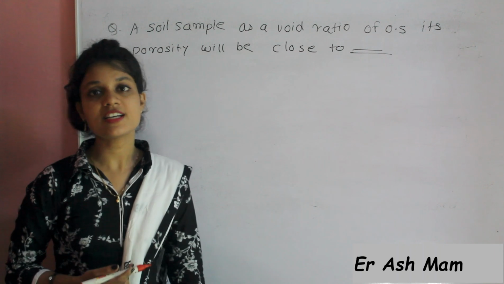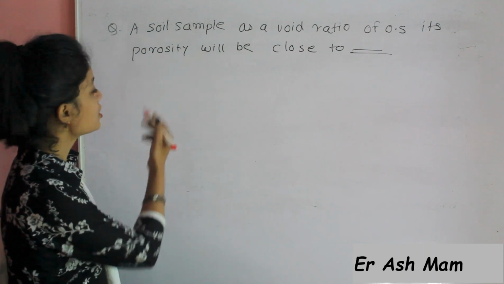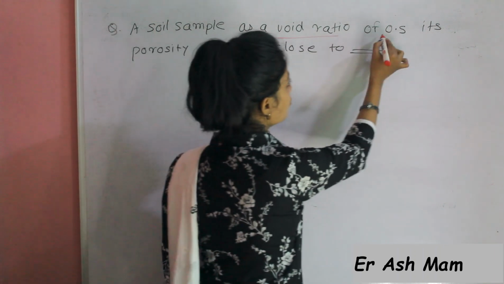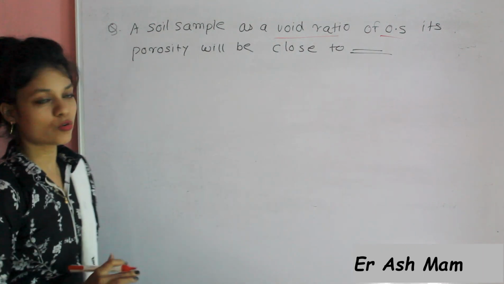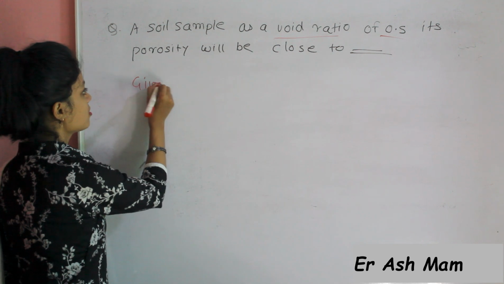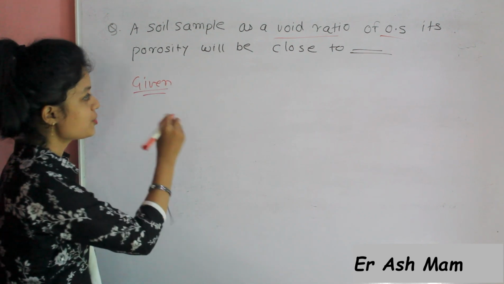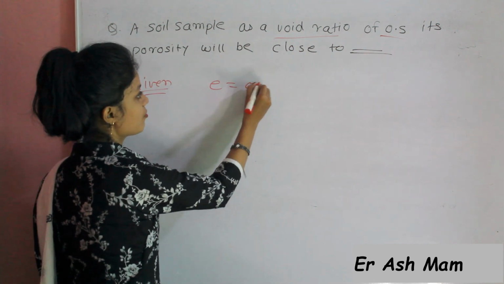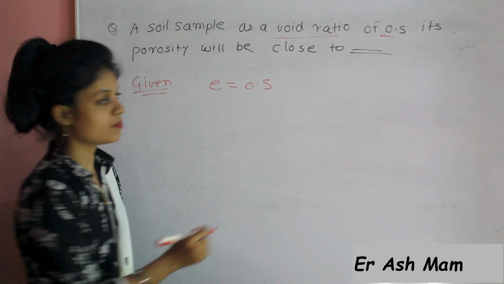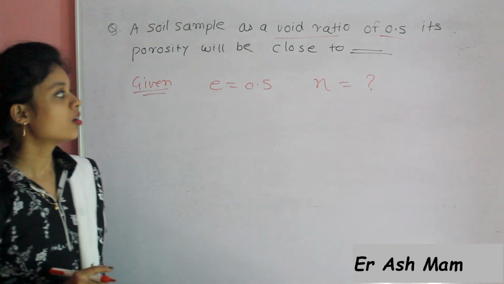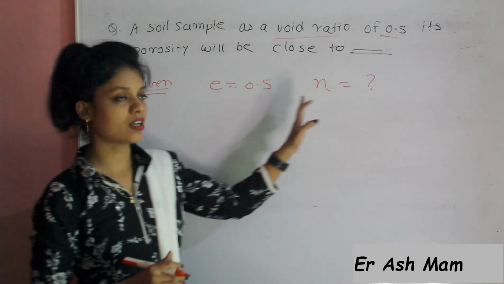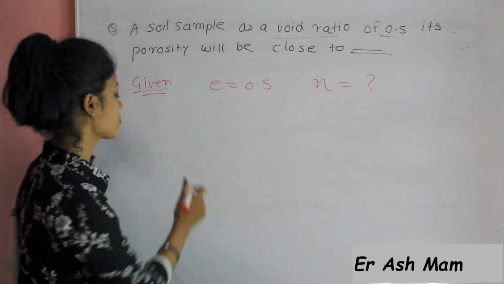Okay. Easiest numerical. A soil sample has void ratio of 0.5. Its porosity will be close to. What is given? Void ratio E equal to 0.5. Porosity will be denoted by symbol N equal to question mark. You know the direct relation between E and N, that is void ratio and porosity.